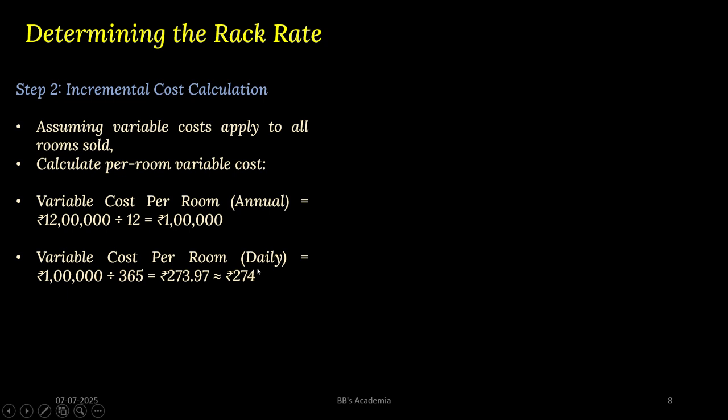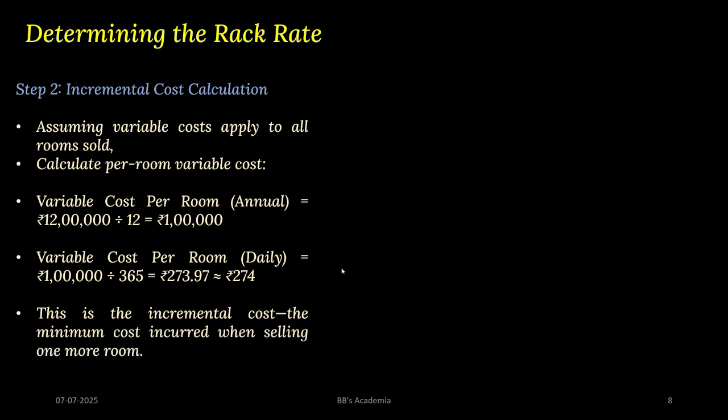So variable cost per room daily, divided by 365, is coming to 274 rupees only. So that is your incremental cost, the minimum cost incurred when selling one more room. That means whenever you are selling one room out of these 12 rooms, you have to incur 274 rupees per day. Got my point? That is the incremental cost.